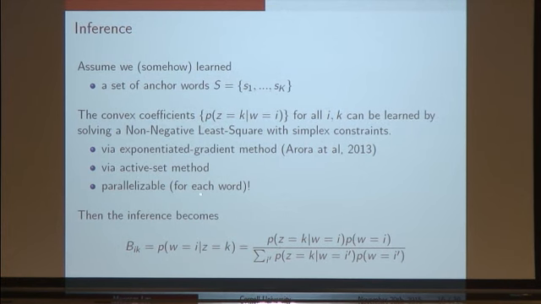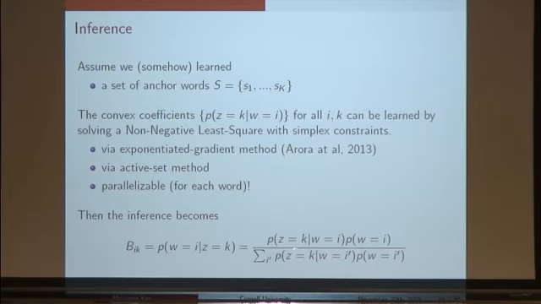This is easily parallelizable for each word, which is one of the biggest benefits. And then the inference becomes a very simple Bayes rule. So this will be one entry in that B matrix, the ik entry. Once we know these convex coefficients based on these methods, all these entries can be rewritten based on Bayes rule.